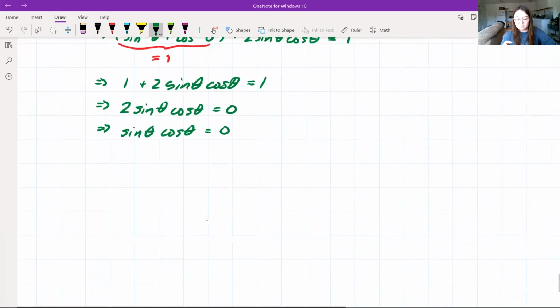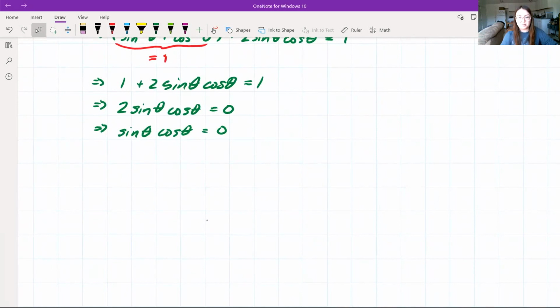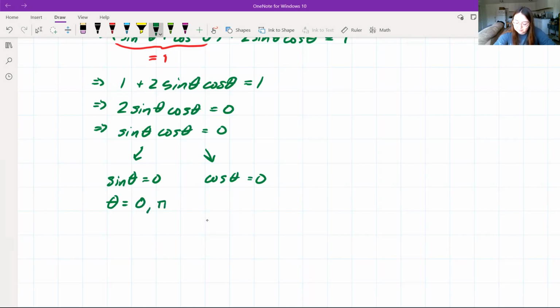So now we need to find solutions for this equation. Separating this out, we know that this just means that sine of theta is equal to 0 or cosine of theta is equal to 0, which in this case, the values of theta that would make sine of theta equal to 0 would end up being 0 and pi.